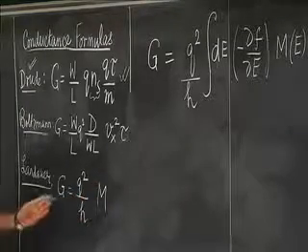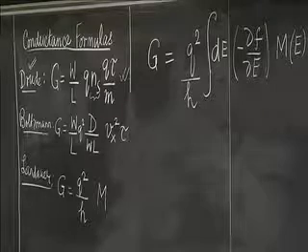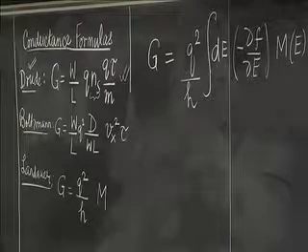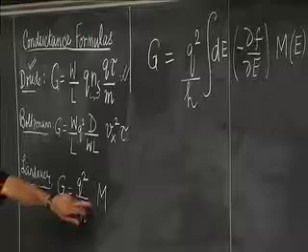Q square over H times the number of modes. That's the formula. Okay. Now, let me explain a little bit as to where that modes come from.